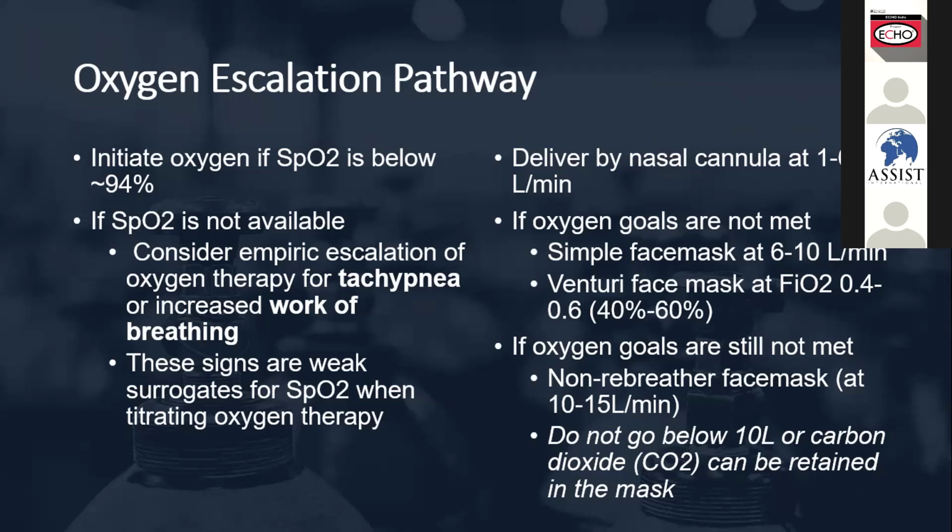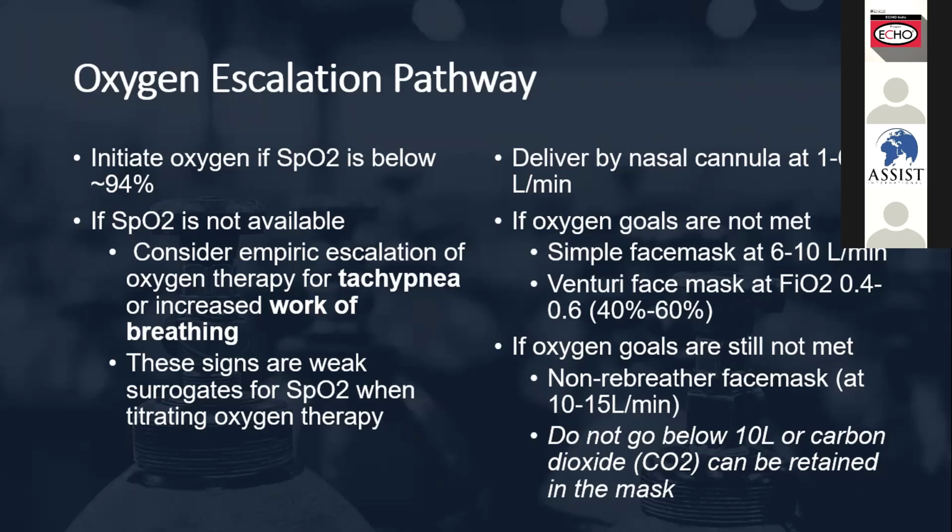start oxygen. These signs are a weak surrogate for SpO2 when titrating your oxygen therapy. Really, you can't say I'm 100% sure I'm giving a good amount of oxygen if you don't have SpO2 values. So of course, we will start by delivering oxygen using a nasal cannula. Remember that the nasal cannula can administer a flow of 1 to 6 liters per minute.